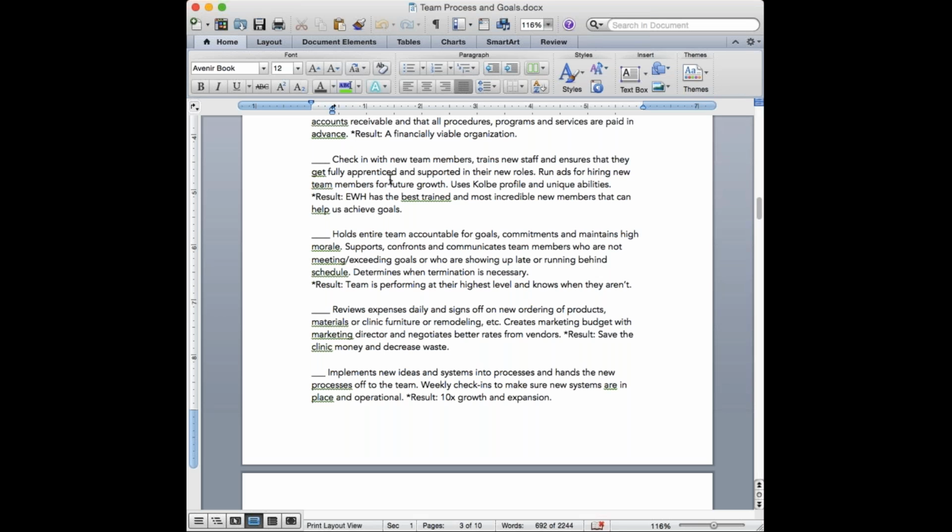The office manager is also going to be in charge of running ads for hiring new team members for the future growth. We, especially in a bigger group, you always want to be looking at bringing in new talent and new people, because that's really how you grow. And you can have a huge database of different applicants.